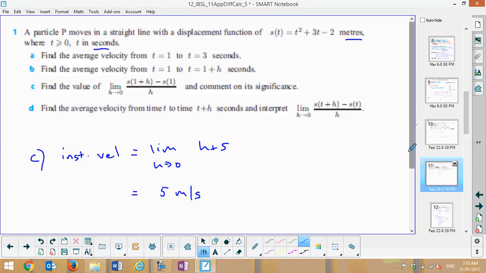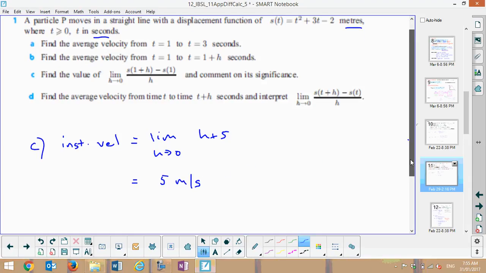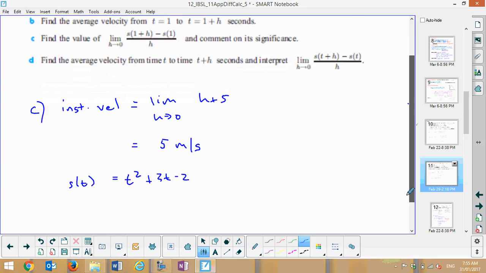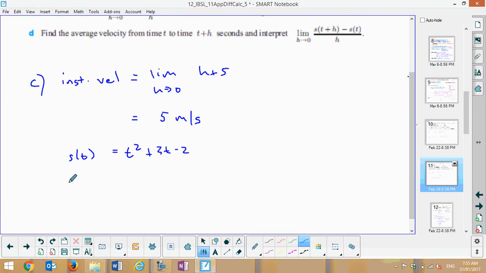We could have done that by just doing this: our displacement function is t squared plus 3t minus 2, so our first derivative is going to be 2t plus 3.